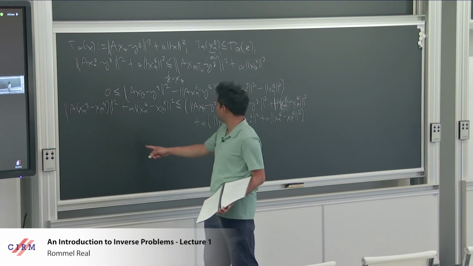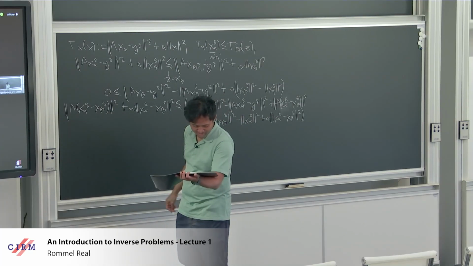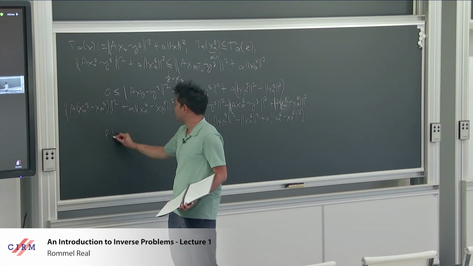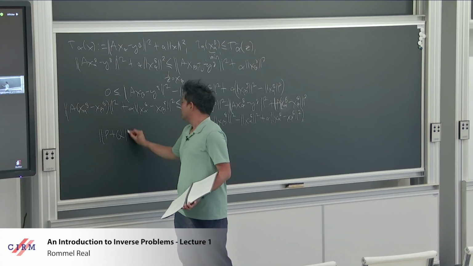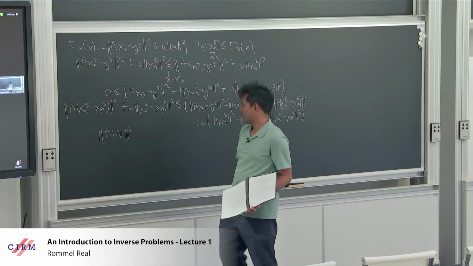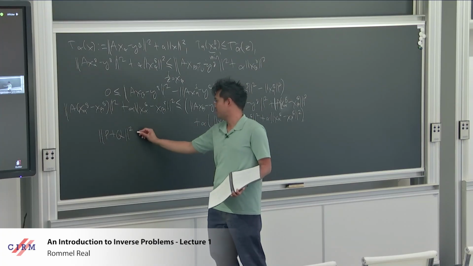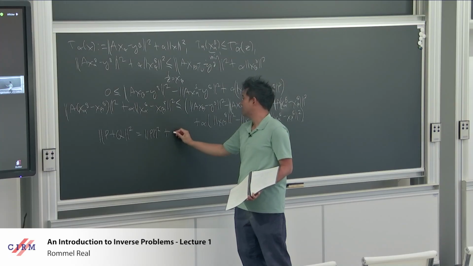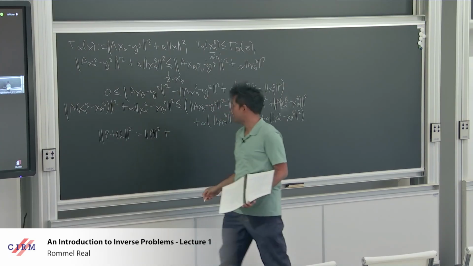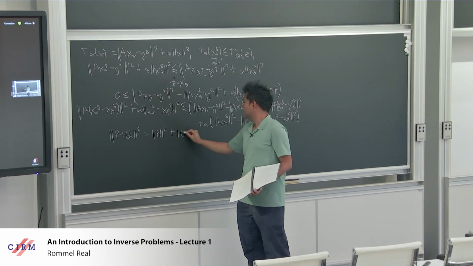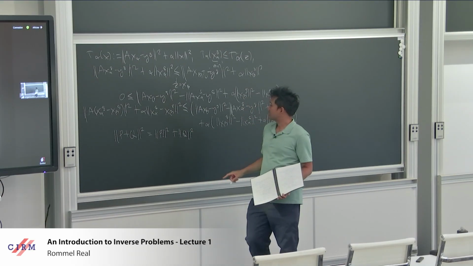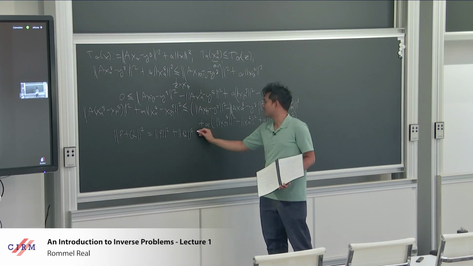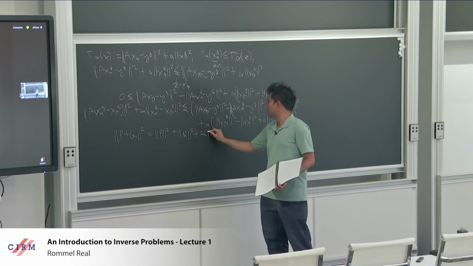So to do it, we can use the fact that for inner product spaces, the square of the norm of p plus q is the square of the norm of p plus the square of the norm of q plus 2 times the inner product of p and q.